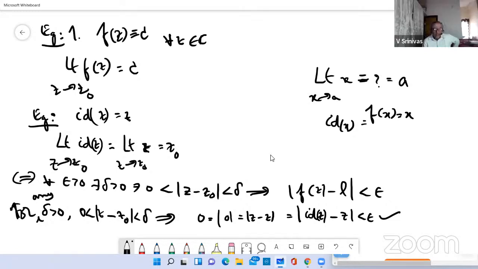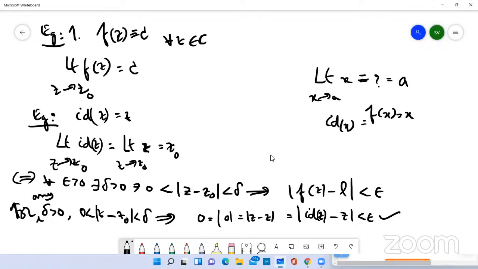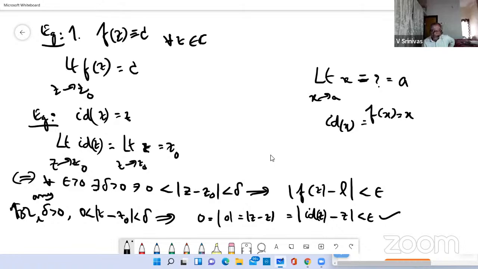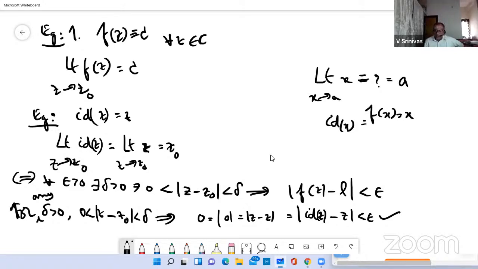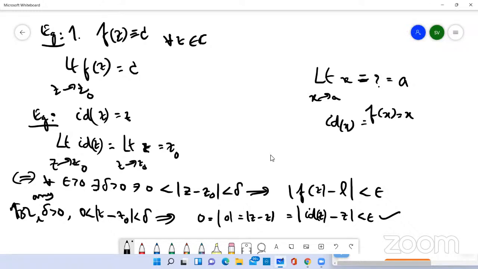You allow delta to be any positive number, and for this z, modulus of f of z minus L will be less than epsilon. So this statement is true. Corresponding to this epsilon, we could choose one delta. In fact, for this particular function, you can take any delta to be positive.